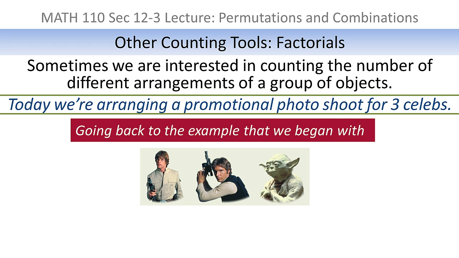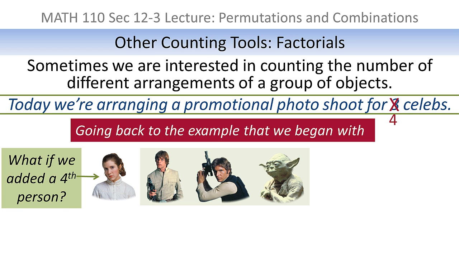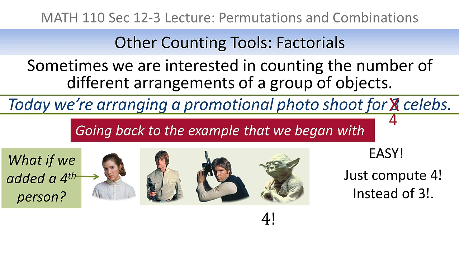Now let's look at a variation of this problem. What if I added a 4th person? Suppose I added Leia to this group. Now I could go back and do it the brute force way, but I think you might imagine it might take a while. The more people, the more possibilities you have. But since we know that n factorial counts the number of different arrangements, then all we have to do is change the 3 to 4 and calculate 4 factorial instead of 3 factorial.